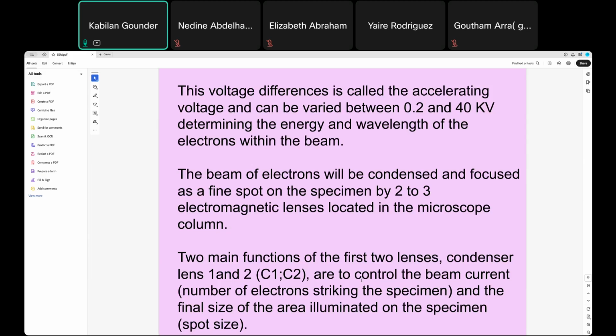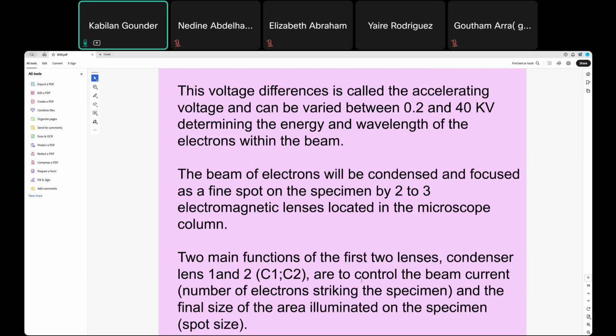Another important point: when the electrons emitted by the filament go through the column, protected by a shield, and strike the sample, in between the electrons must be condensed and focused. That is the most important thing.